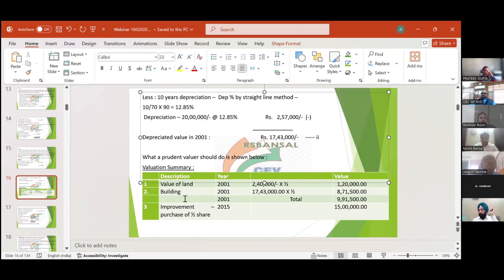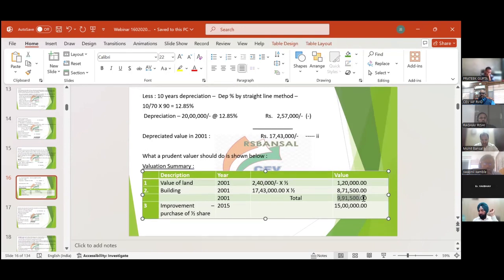Again, building in 2001 was 17 lakh 43,000. So 50% of it he has taken, which is 50% of 17 lakh 43,000, 8 lakh 71,500. So this is the value of cost for the elder brother in 2001, 9 lakh 91,500.